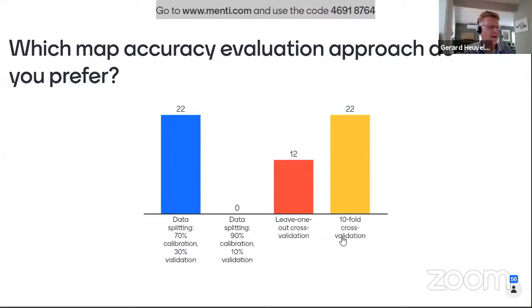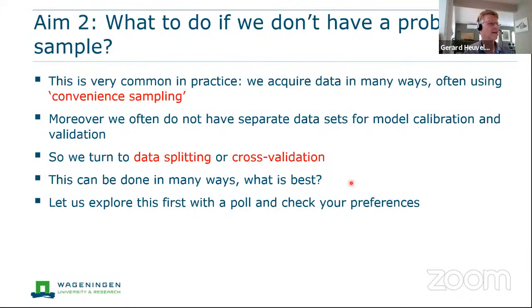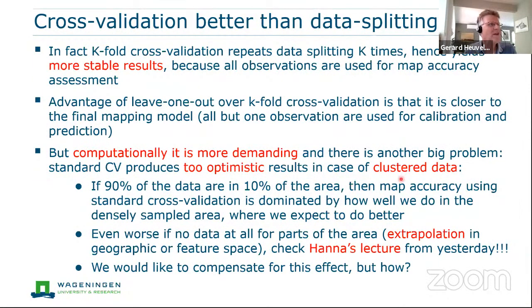Okay, so let's go back to the lecture. I'll leave this open and see what the preferences are, and let me tell you what I prefer. I think that usually cross-validation is better than data splitting, because data splitting very much depends on the split that you happen to make.